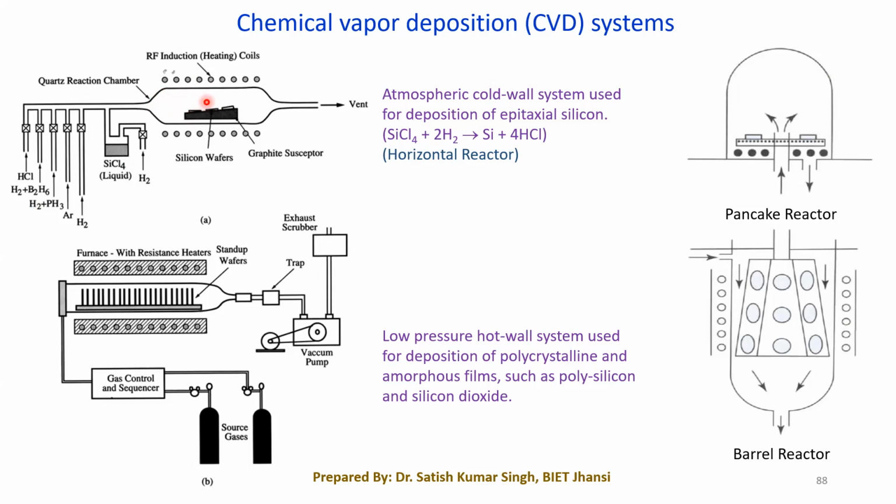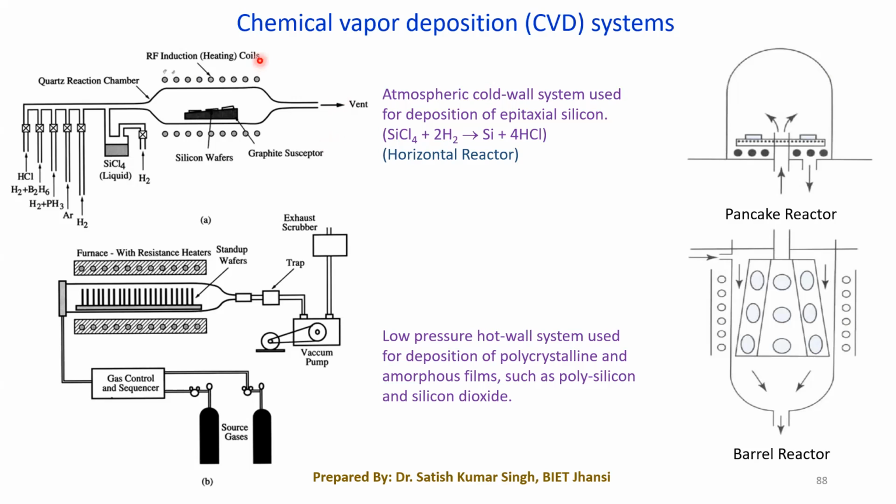These gases go directly to this and react with the particular wafers. So we have to make this type of arrangement, and the reaction will take place within this chamber. Due to the reaction, material gets deposited, and the other byproducts are taken away through this particular vent.